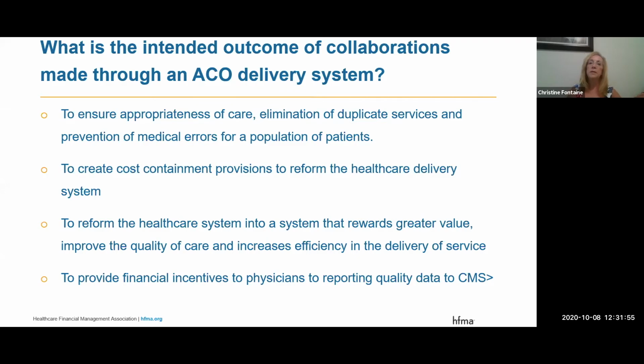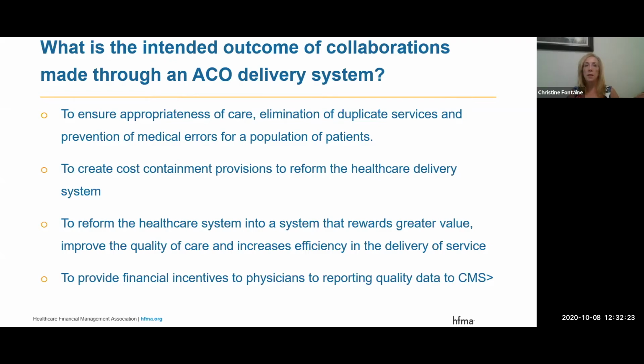What are the intended outcomes of collaborations made through an ACO delivery system? An ACO is intended so that patients receive quality care. Its real initiative is to ensure the appropriateness of care, the elimination of duplicate services, and the prevention of medical errors for a population of patients.